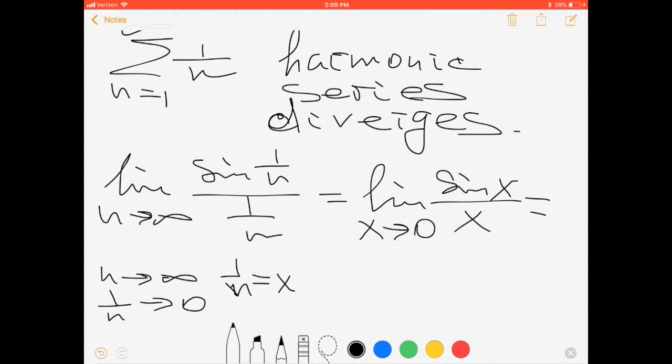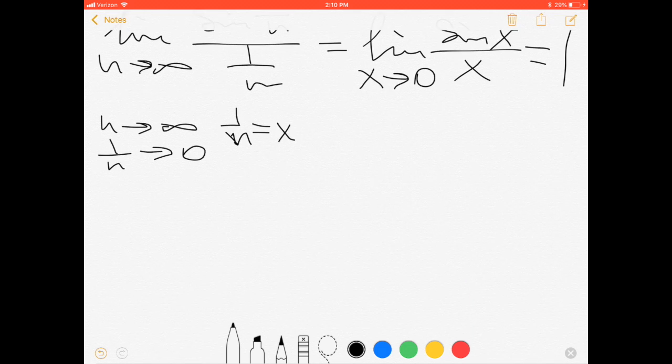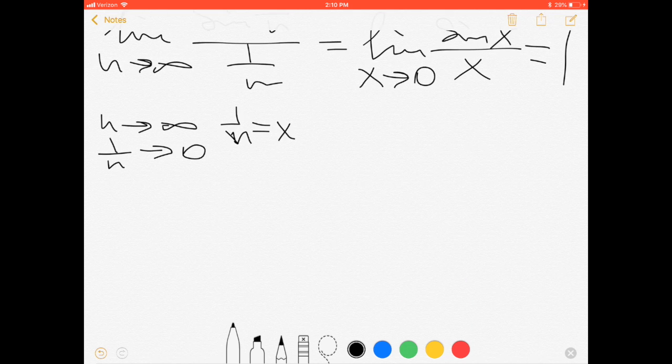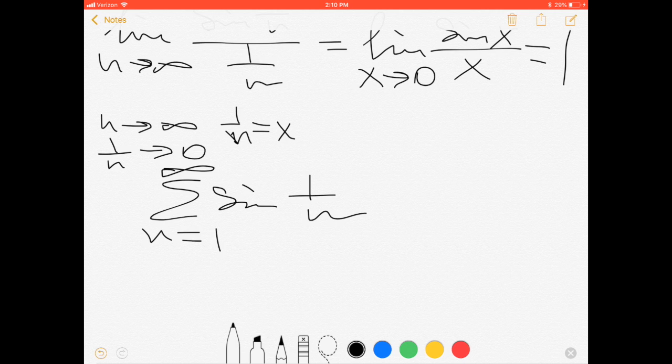We know this special limit is equal 1. Who does not remember what it is? Use L'Hopital rule and easily find this limit is equal 1. But what kind of information we have? We built an equivalent series which diverges. This means our series sine 1 over n, n from 1 to infinity, diverges.